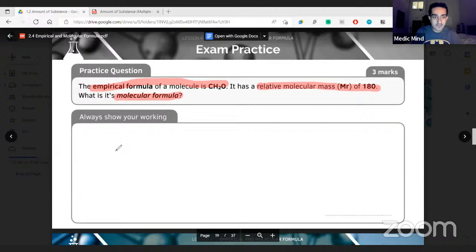Now, I have the empirical formula, and something will give me the molecular formula, which is n. I don't know what this something is at first, so the first thing I want to do is find out what it is. The best way to do this is to work out the empirical mass. So the empirical mass is 12 plus 2 plus 16, which is 14 plus 16, which is 30.